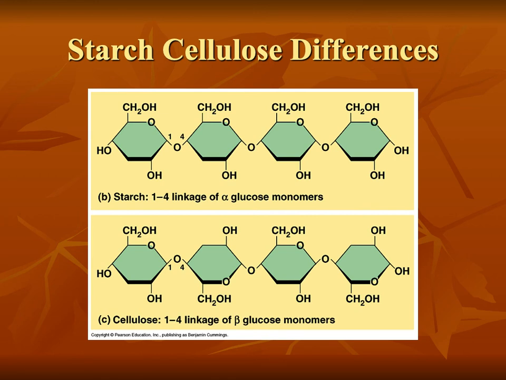Humans do not have enzymes to break these sugars down, so we can't separate the glucose out and utilize it. That's the difference between cellulose in plants that we cannot use, and starches like flour that we can use.